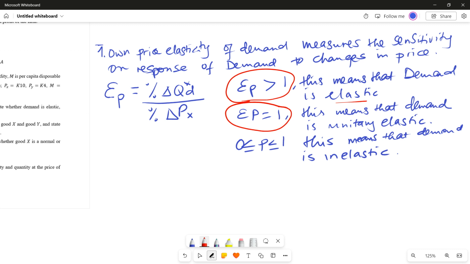And if the value lies between 0 and 1, let's say 0 point something, then demand is inelastic. For commodities with inelastic demand, you can play with the price. You can increase the price because consumers have no choice but to buy the commodity.